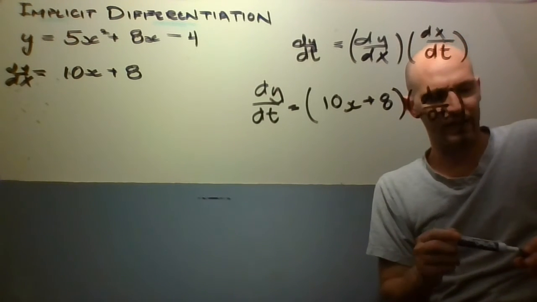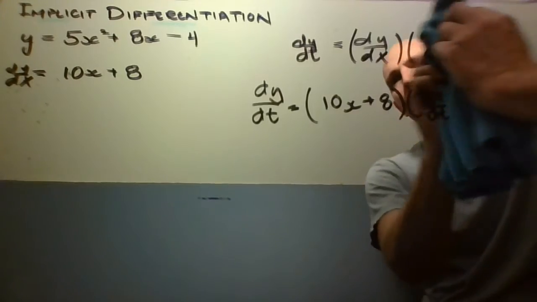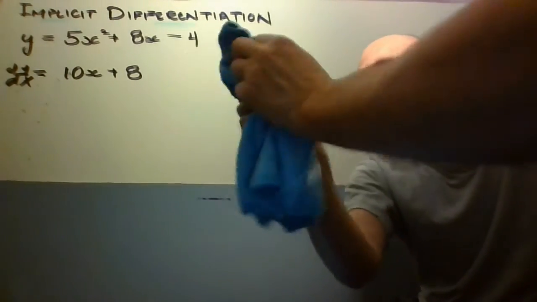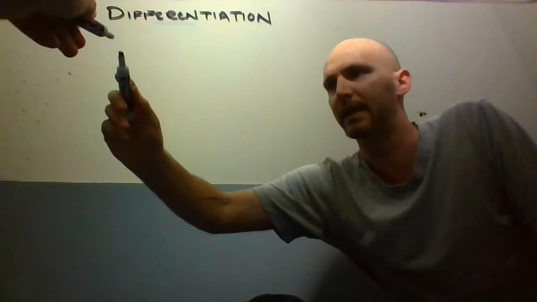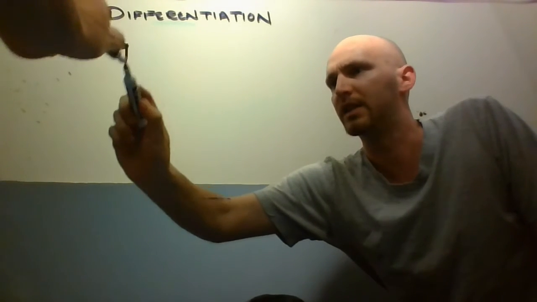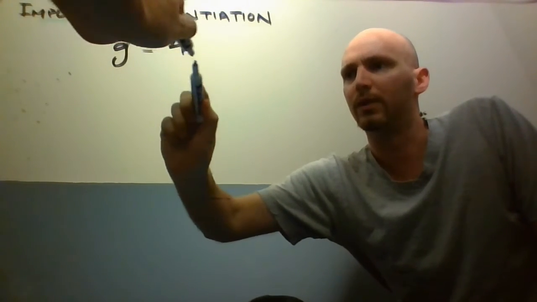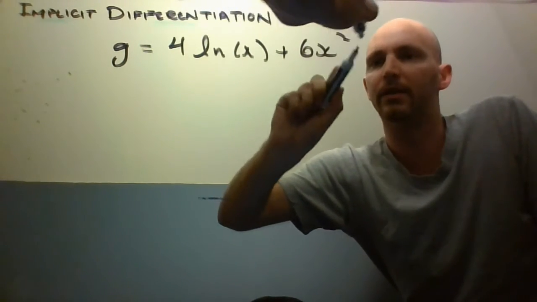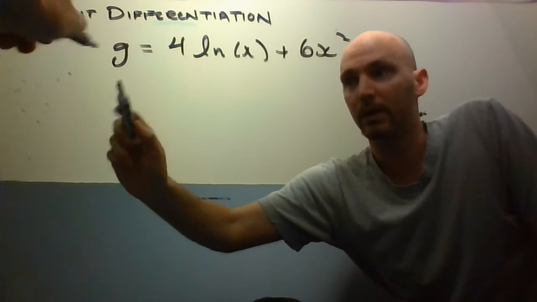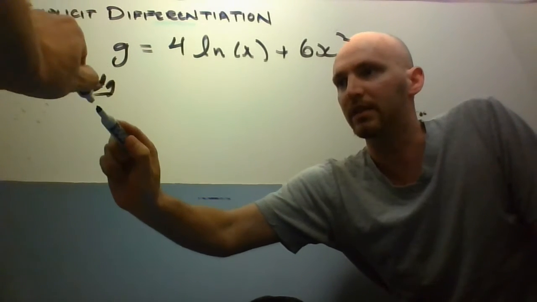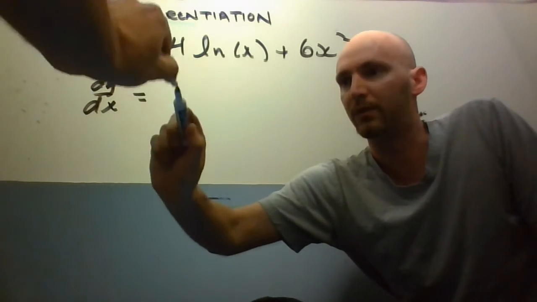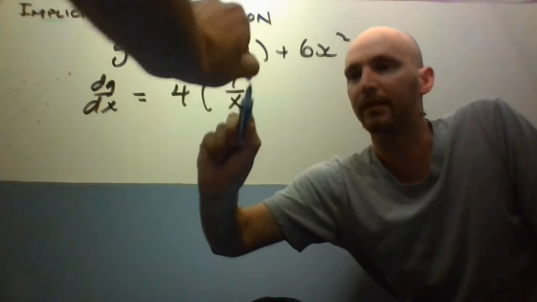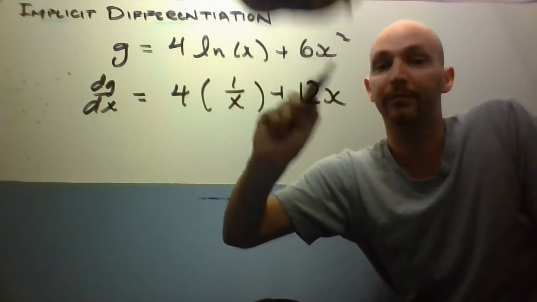So if you were to try that with a different example, and I try to be less theoretical about it, just pick literally anything, like g equals 4 ln x plus 6x squared. The derivative we know is dg by dx, which would be 4 times 1 over x plus 12x. So that's fine.